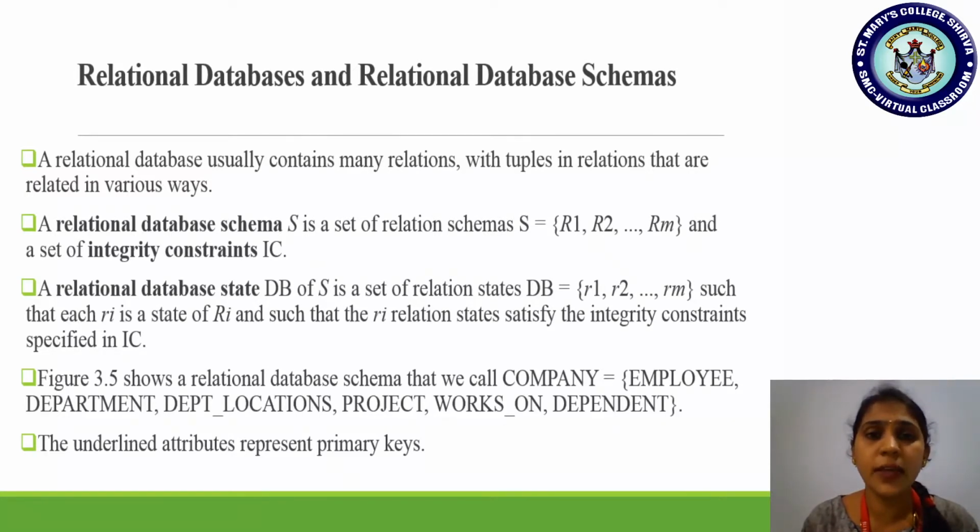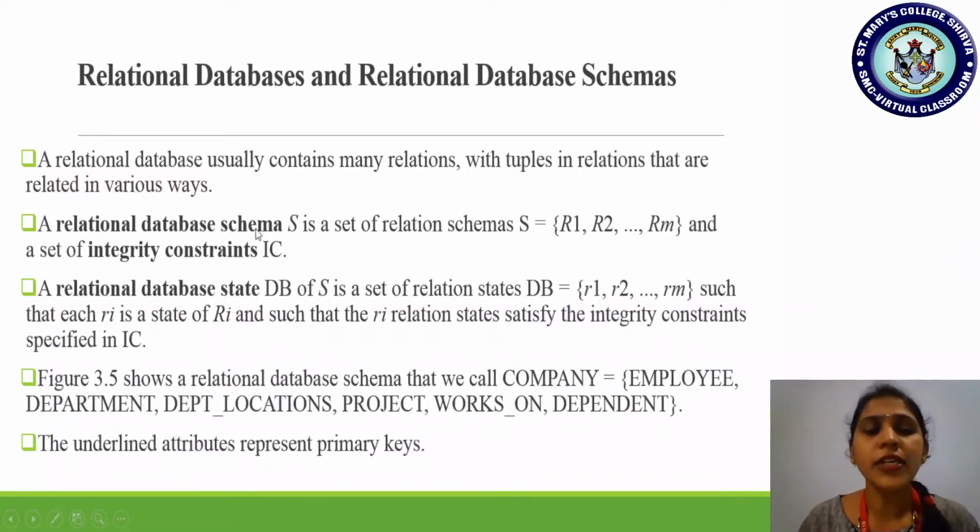If E101 is an employee ID and he is working in accounts department A1, the tuple, the row with employee ID E101, is working in which department? Department A1, accounts department. So one tuple in one relation is in relation with another tuple in another relation. Which is that other tuple? That is the department number A1. Are you all understanding? So tuples are in relations which are related in one way or the other.